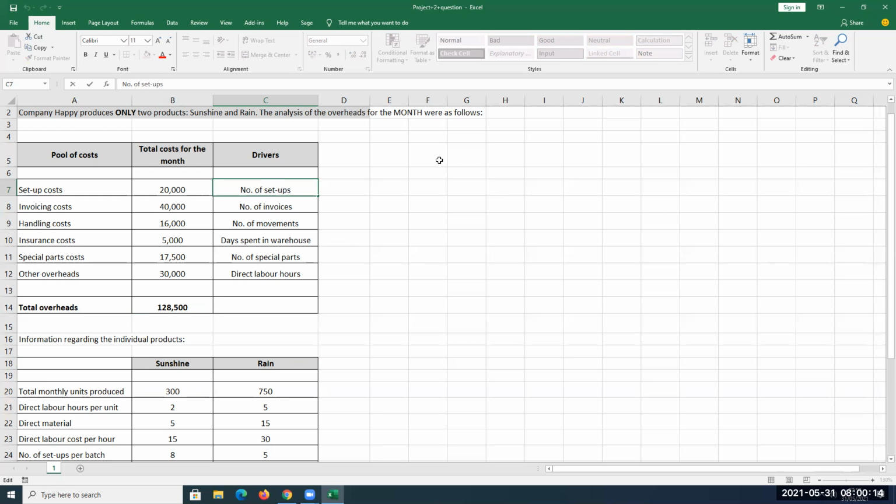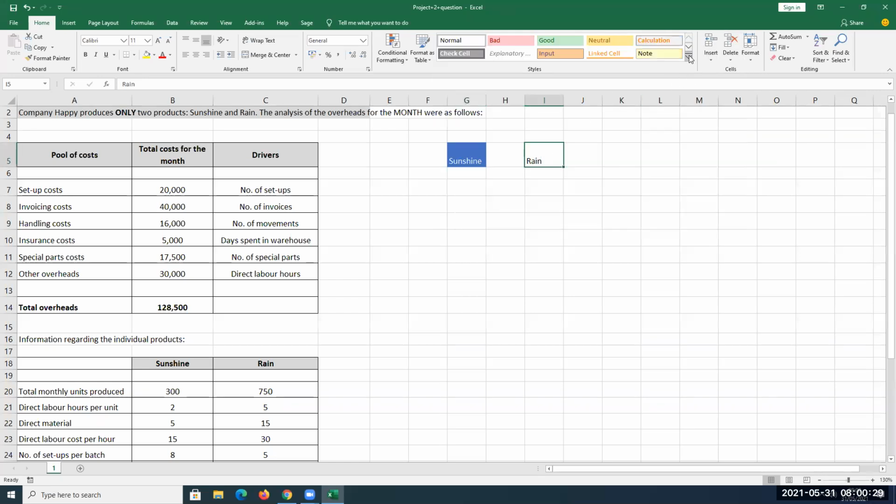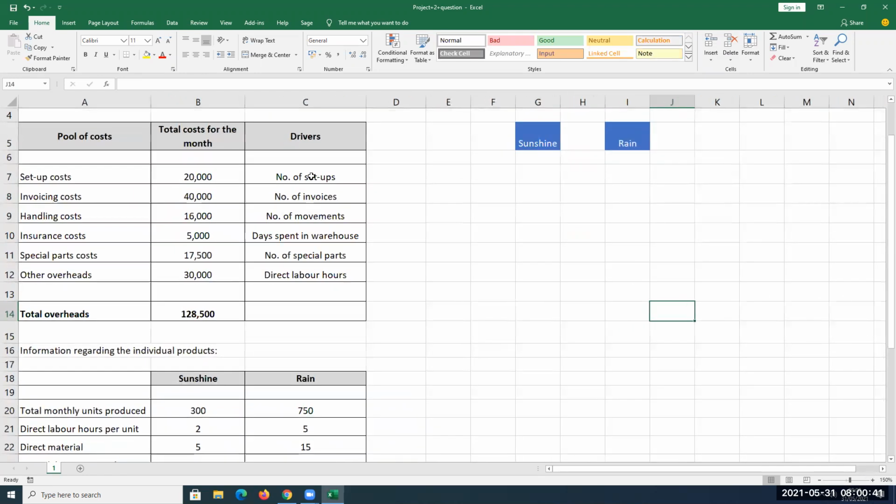So I can start here. The first product is Sunshine and the second is Rain. I need to calculate the number of setups first of all. I will use the formulas.